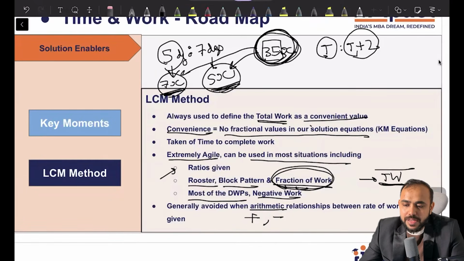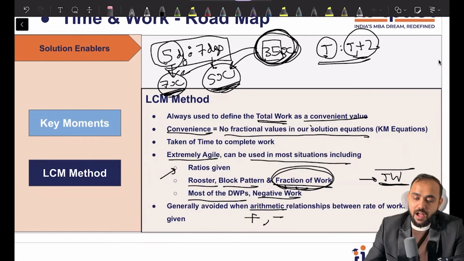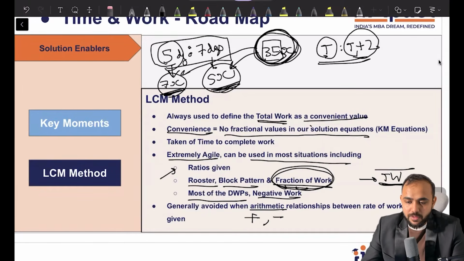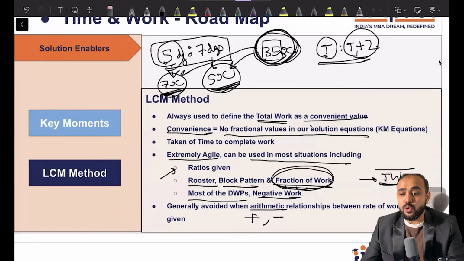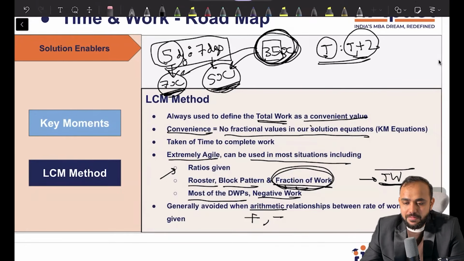The LCM method makes very counterintuitive sense here, because you don't have exact values, which would have been given to you as ratios. So what will you find the LCM as? Can you tell me what is the LCM of T and T plus 2 without knowing what T itself is? No, right? So in that particular instance, the LCM method can fail. In my mind, this is probably the only area where the LCM method would not be getting applied.